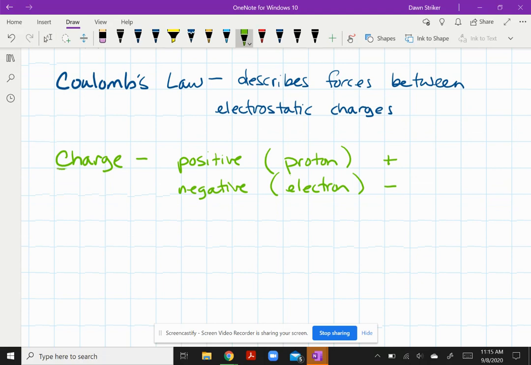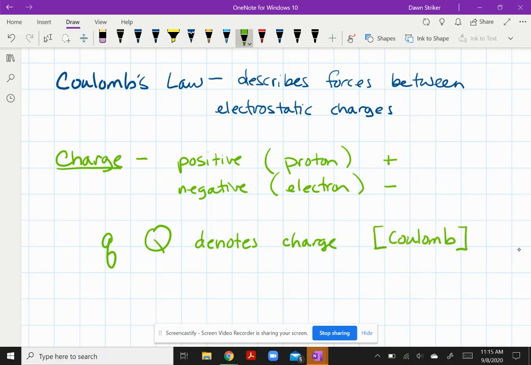In physics, we denote charge using the letter Q. Could be lowercase or uppercase. Lowercase or uppercase Q denotes charge. Okay, and the unit is a Coulomb. So I tend to write units in these little square brackets. A Coulomb is a ton of charge. It's a lot of charge.